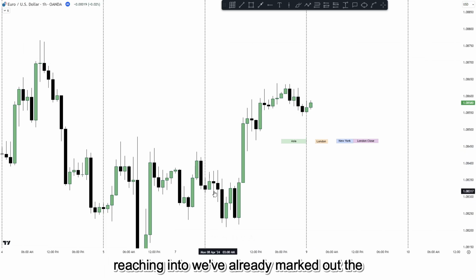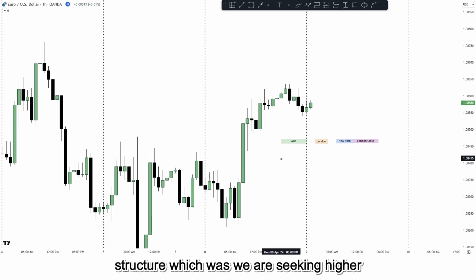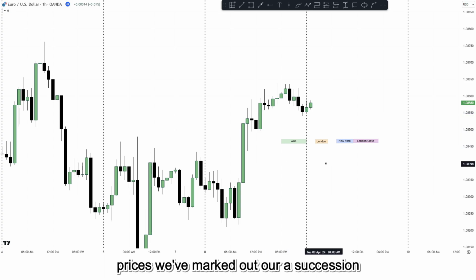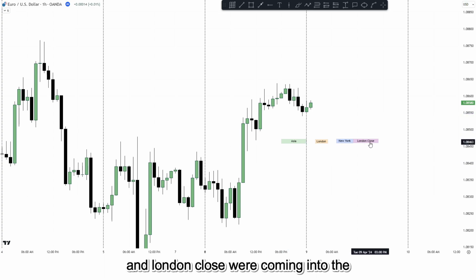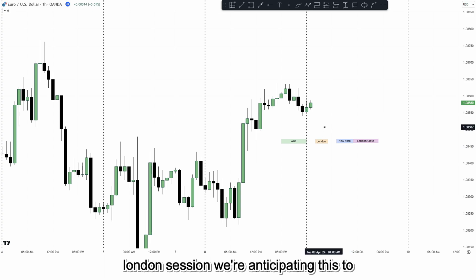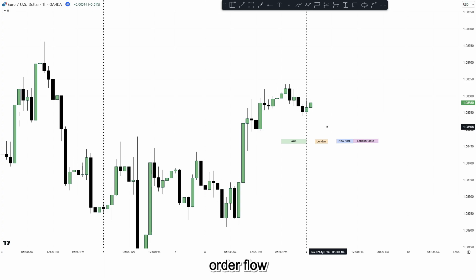We've already marked out the structure, which was we are seeking higher prices. We've marked out our Asia session, London, New York, and London close. We're coming into the London session. We're anticipating this to be a bullish day based off of the bullish order flow, right?